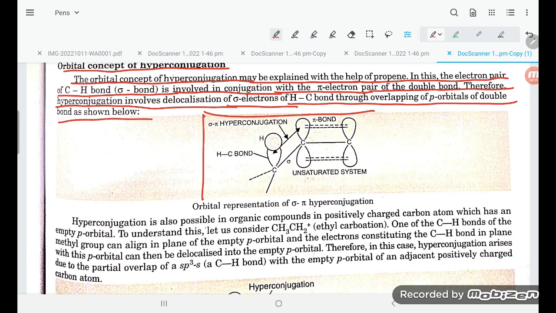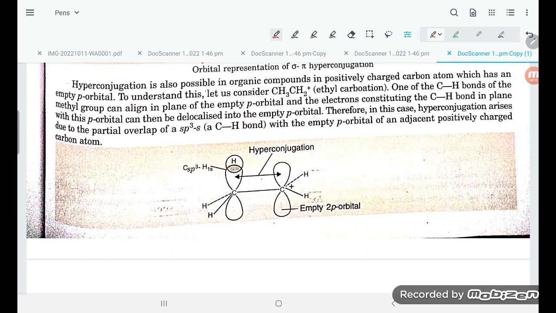So this is the unsaturated system, and here is the C-H bond. Hyperconjugation is also possible in an organic compound with a positively charged carbon atom which has an empty p orbital. So the positive charge is there, and this is the empty p orbital.